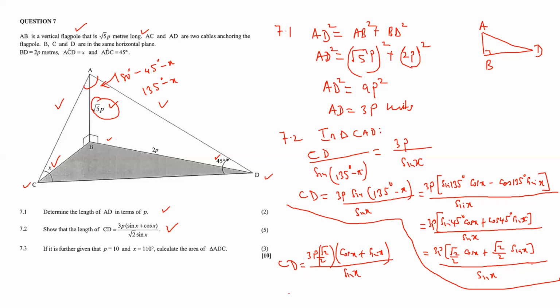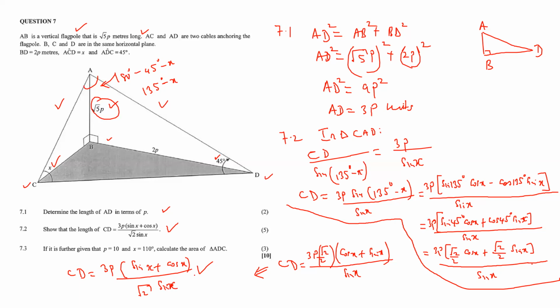And then what is this? The implication, therefore, is that CD is exactly the same as 3P into the sine of X plus cosine X, over the square root of 2 sine of X. So we have been able to solve 7.2.